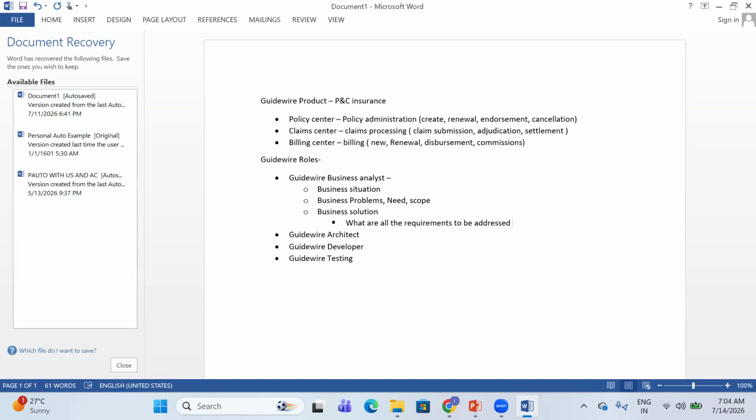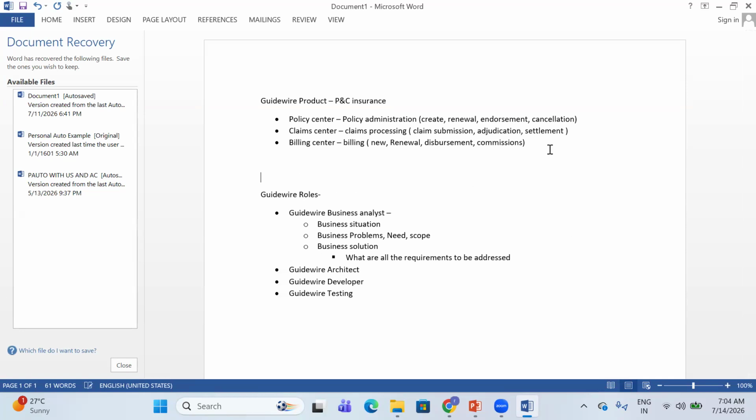For example, given a situation of a customer, I'll take an example so that you guys will understand. XYZ is an insurance company that wants to transform their legacy policy administration system.